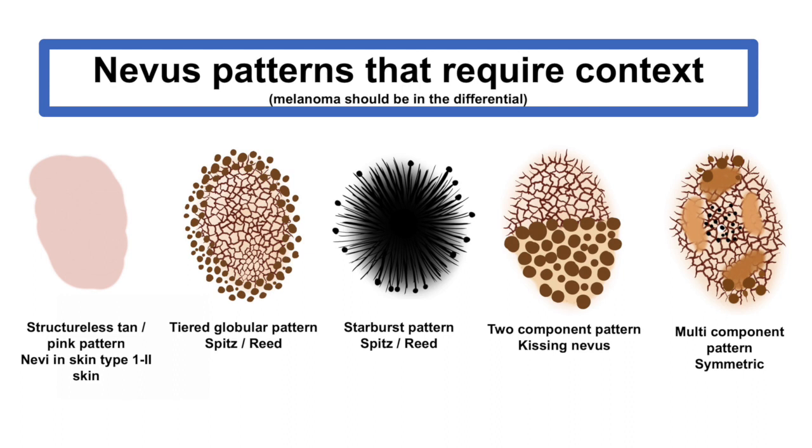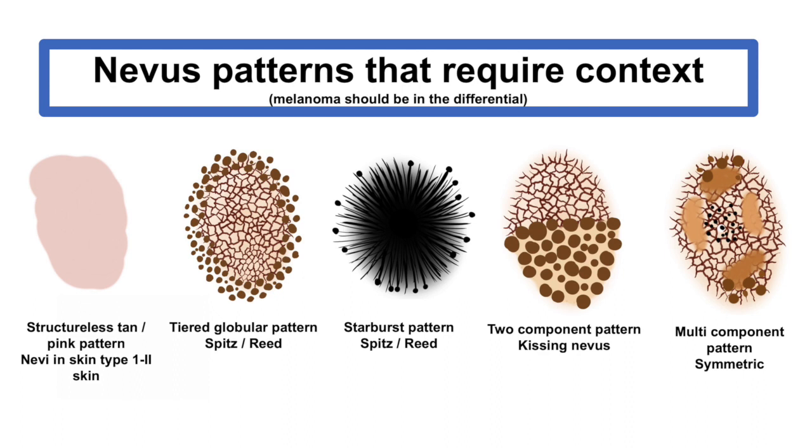So let's go a little bit deeper into improving specificity. The first thing is you now enter a realm of melanocytic neoplasms where even the benign melanocytic neoplasms become problematic.